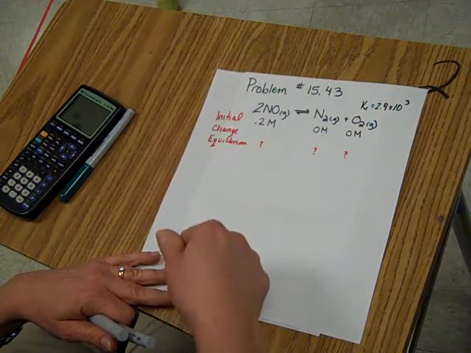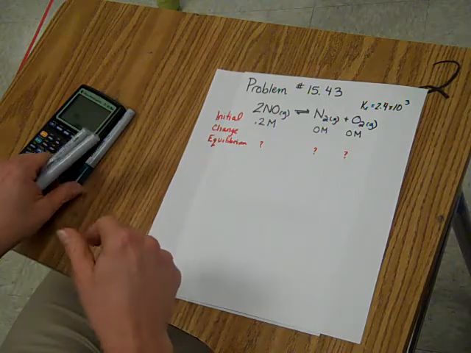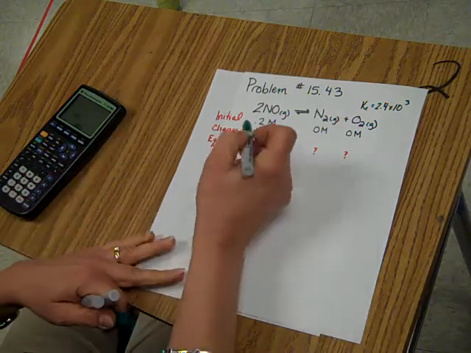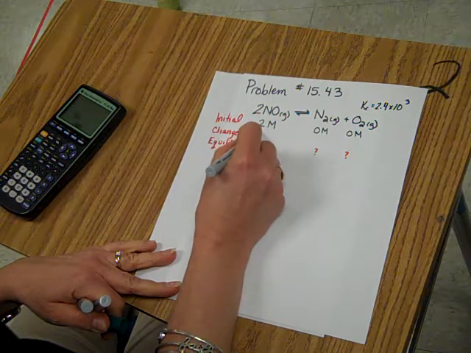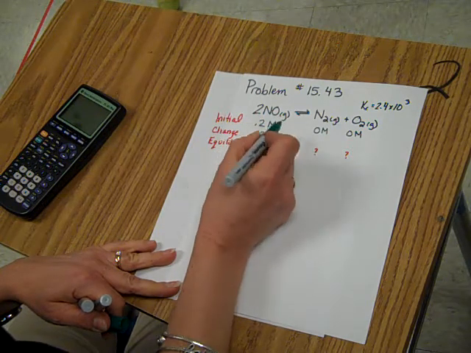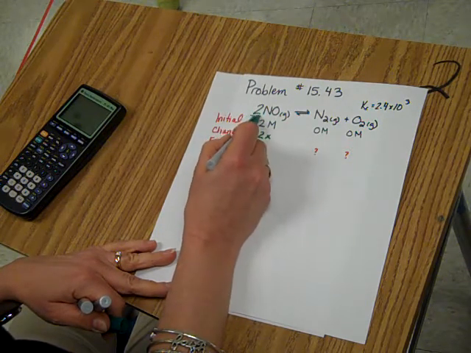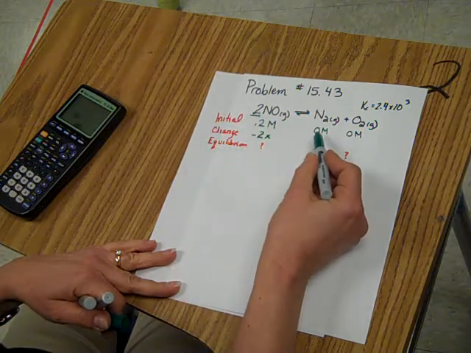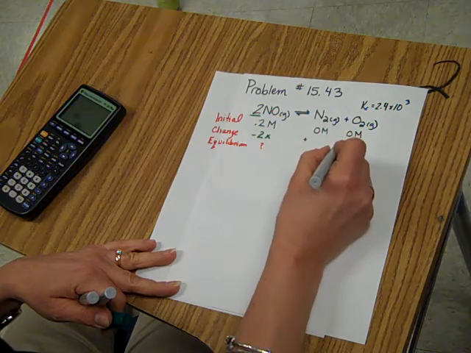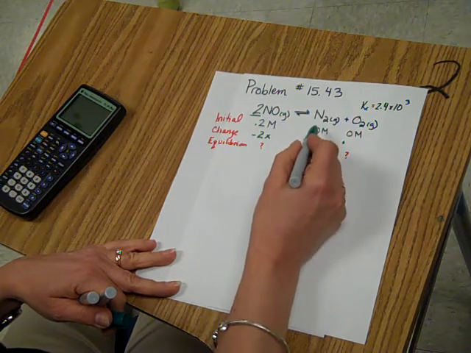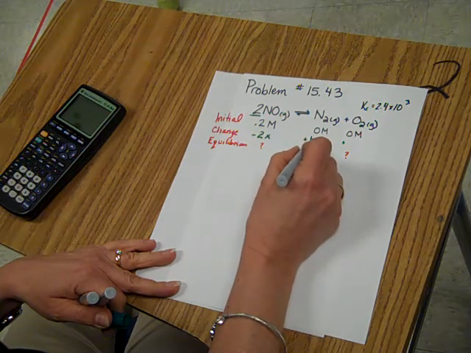So the NO is going to go down. By how much? Well, if NO is going to go down by 2x, the 2 because of this coefficient right here, then the nitrogen and the oxygen both have to go up by 1x.